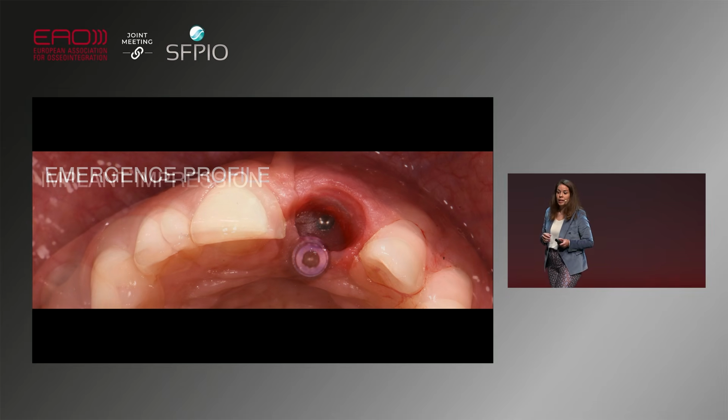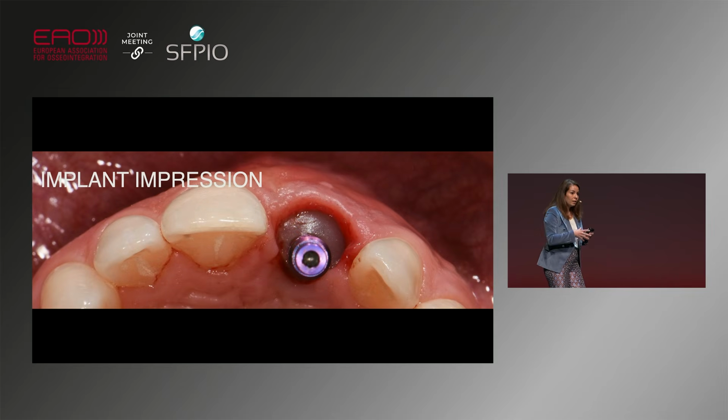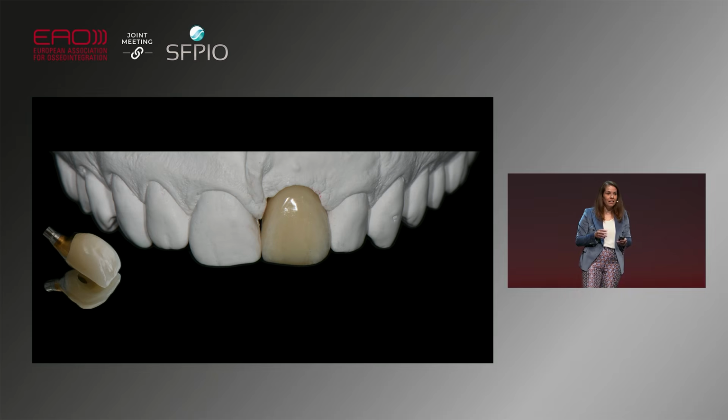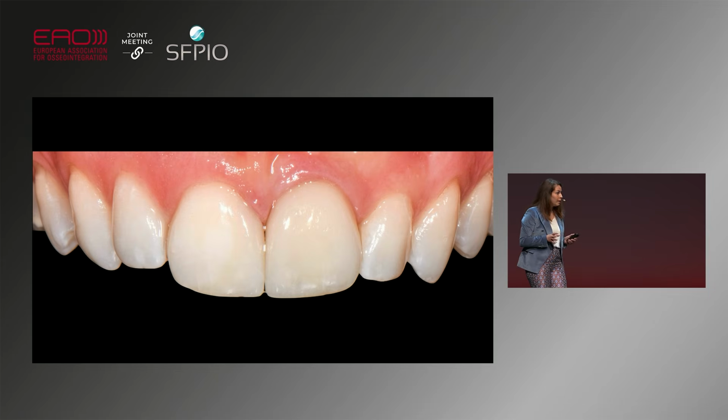I individualized the just created emergence profile and gave it to the dental technician, and after several try-in sessions, that was the result, the implant crown. I delivered it to the patient. And that was the situation at crown delivery.